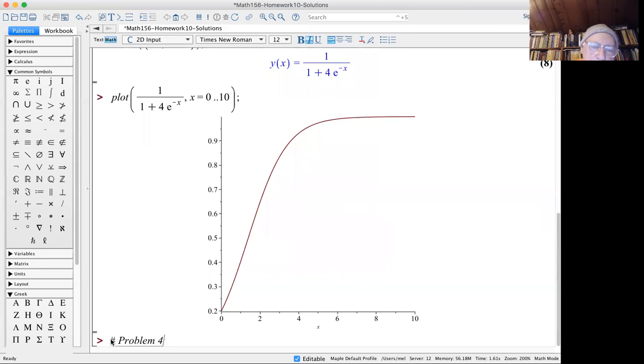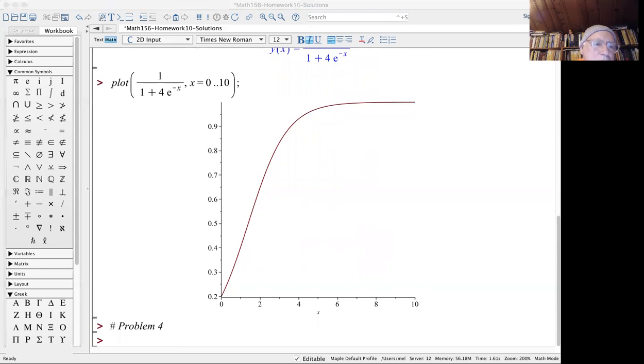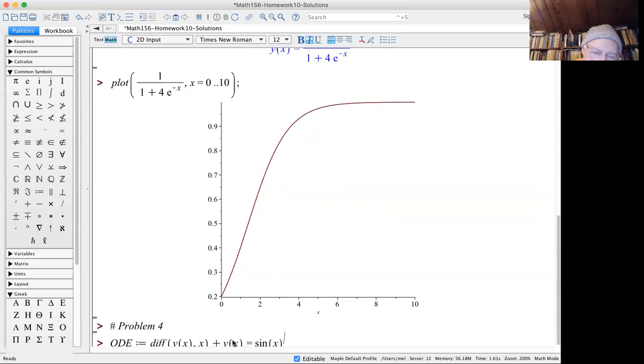Problem 4, we have the differential equation y prime plus y equals sine squared x. So ODE is equal to diff y of x with respect to x plus y of x equals sine of x squared.